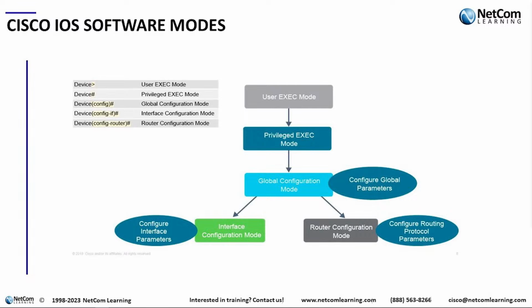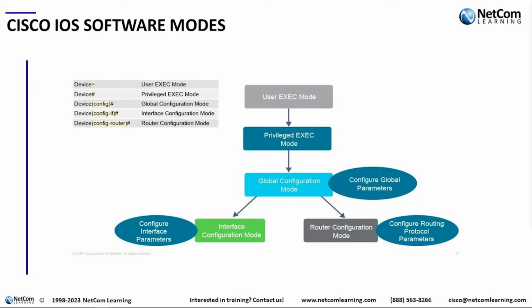And as a security feature, we mentioned that the IOS separates exec sessions into two separate access levels: user exec and privileged exec. User exec allows you access to basic monitoring commands, whereas privileged exec allows you access to all of the router commands on that device. And privileged exec can be password protected to allow only authorized users the ability to configure or manage the router.